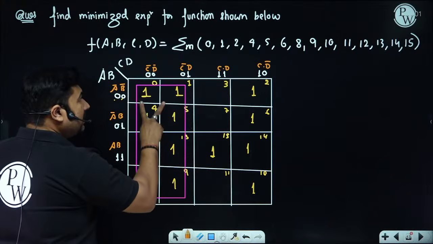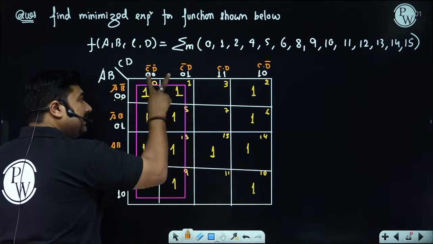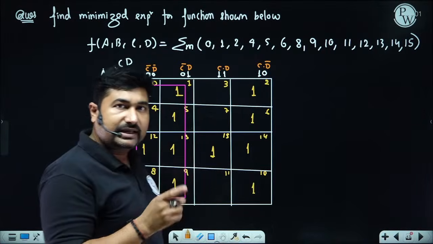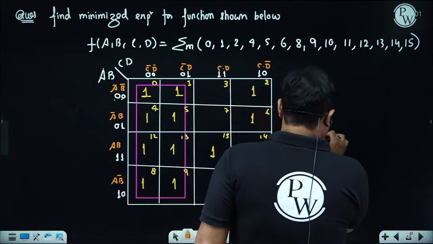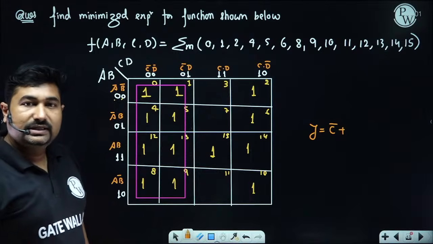Only one term is common for all of these 8 conditions, and that is C bar. So C bar is in all of the minterms, and the minimized expression obtained by this octet is C bar. Is it okay?